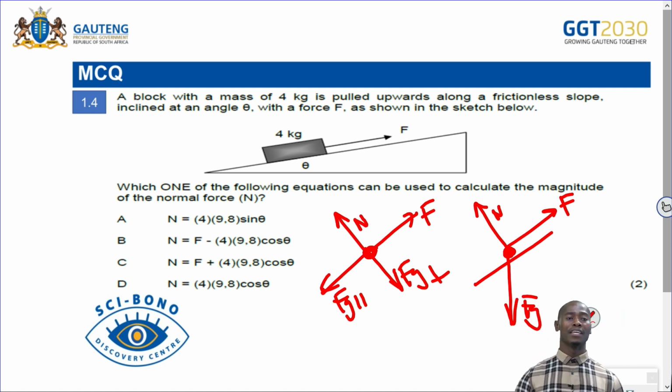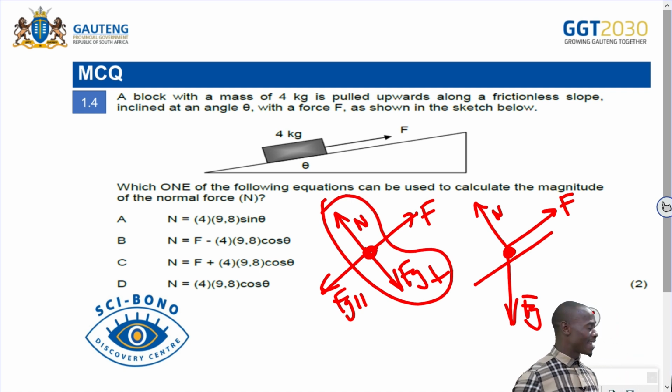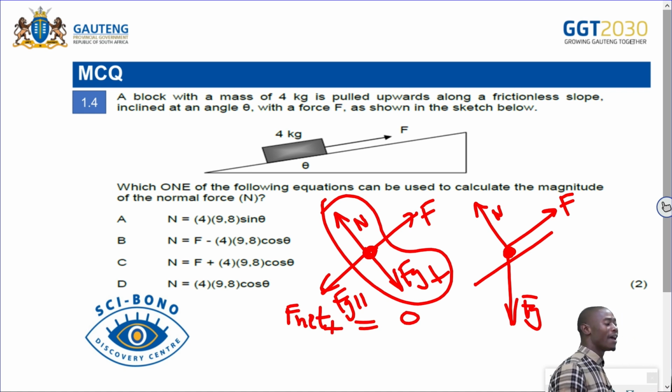Okay, so what are they looking for here? Which one of the following equations can be used to calculate the magnitude of the normal force? So this object moves parallel to the incline. It's not moving perpendicular to the incline, which means that for the forces that are perpendicular to the incline, their net force should be 0 newtons. So here I'm having F net for the perpendicular forces equals 0. And those perpendicular forces are N minus Fg perpendicular, which equals 0.